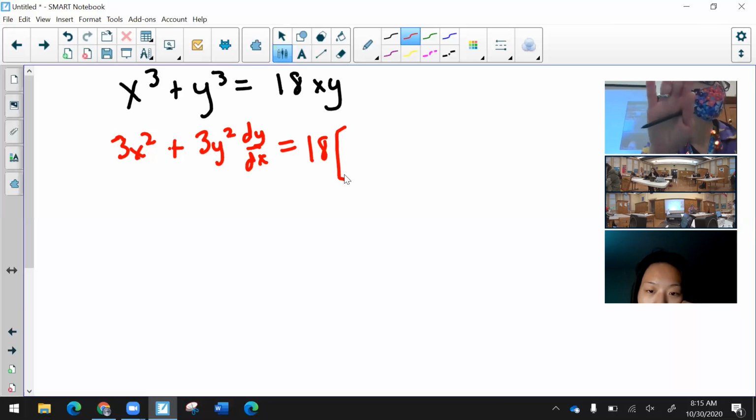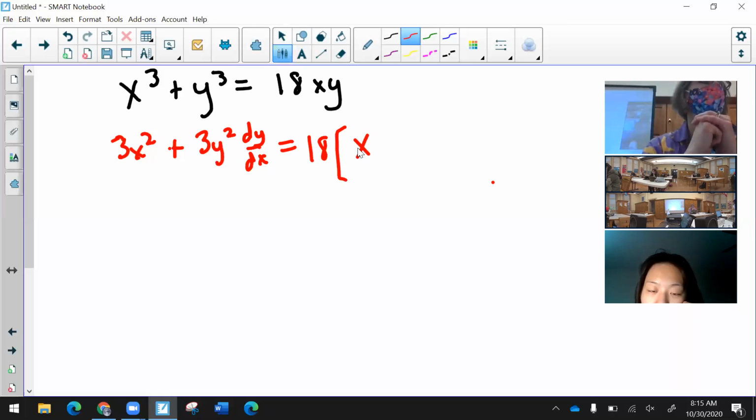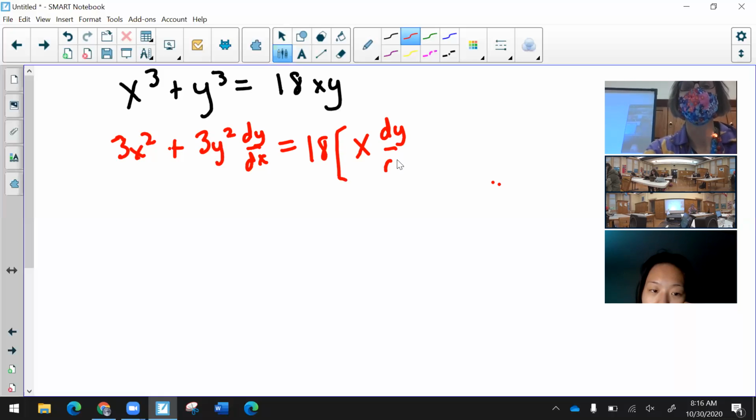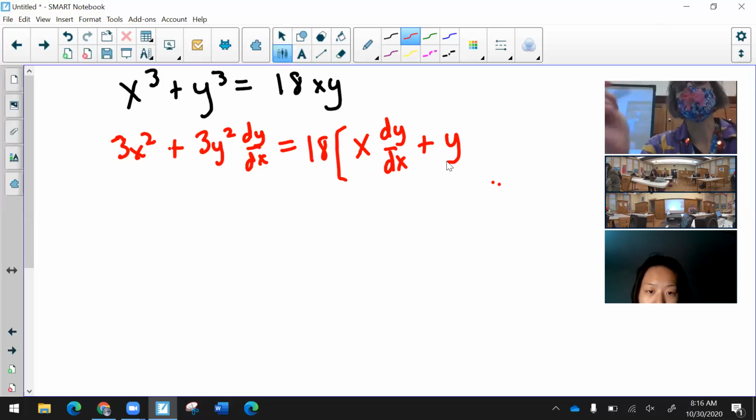And so when I have two functions multiplied by each other, I use product rule. So product rule says I write down the first term, that's x, and I take the derivative of the second term. So what's the derivative of y? dy/dx. Plus, and then I take the second term times the derivative of the first term. And what's the derivative of x? 1. Okay.